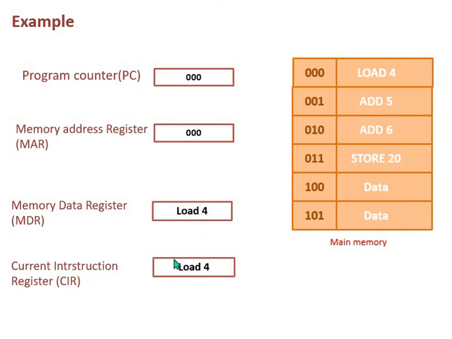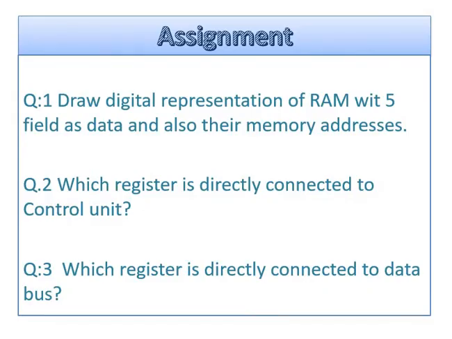The current instruction register is directly connected with the control unit, and the control unit will send this instruction to the decoders in order to decode it. Okay, so this is our today's lecture about how to fetch an instruction. How it will be fetched and how this process will continue, we'll discuss in the next lecture.